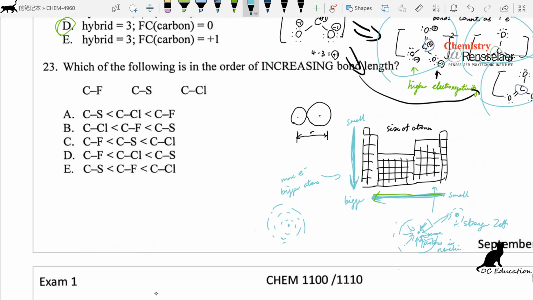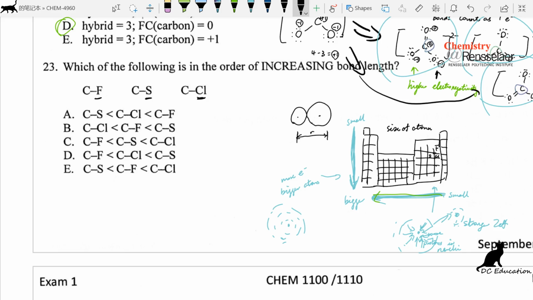We've got the carbon fluorine bond, carbon sulfur bond, and carbon chlorine bond. Fluorine is on this corner over here, chlorine is under it, and sulfur is somewhere around, I believe over here.